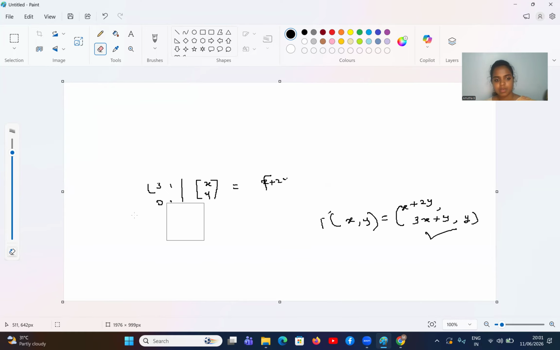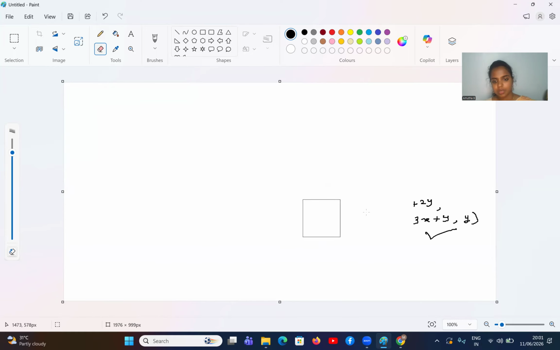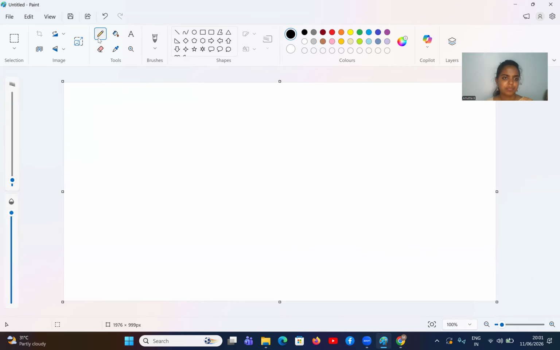If you have any doubt, you can comment to me. Now, I am giving some problems for you. T equal to, it is a matrix, 3, 2, 1, 2, 1, 0, 0, 1, 0. This is the matrix.